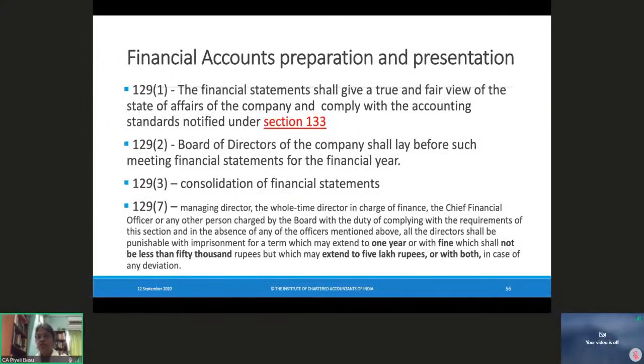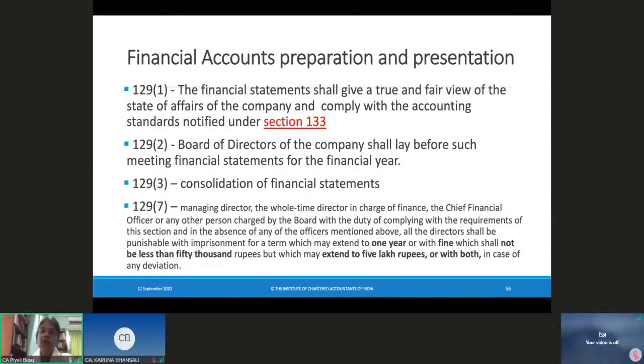That's covered under Section 129. Subsection 1 talks about financial statements that give a true and fair view of the state of affairs of the company and comply with the accounting standards notified under Section 133, in the case of companies that come under the Ind AS requirement.